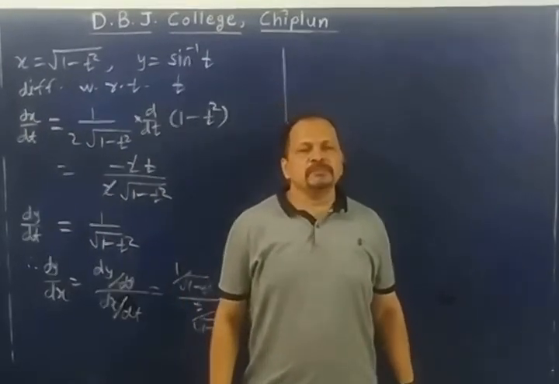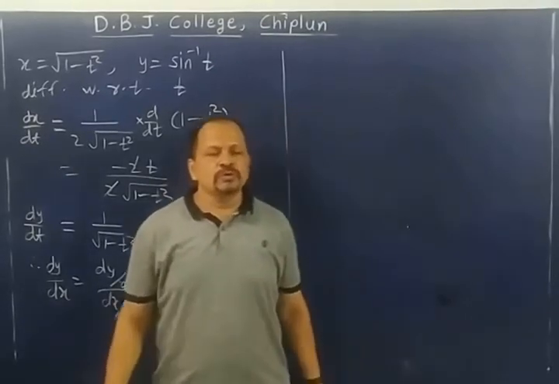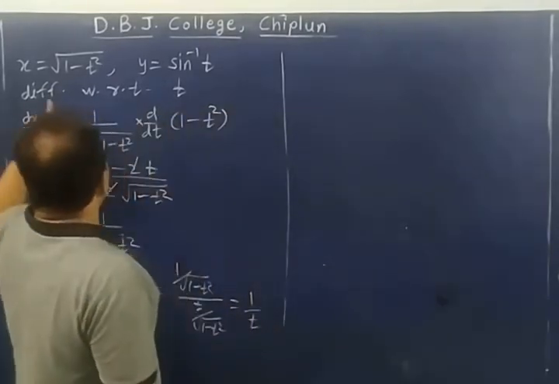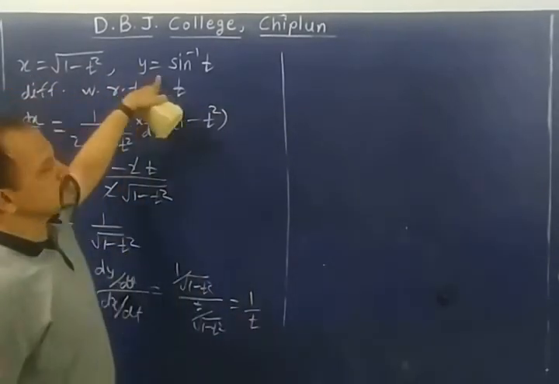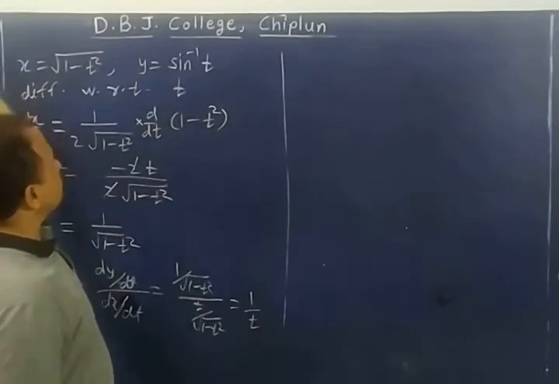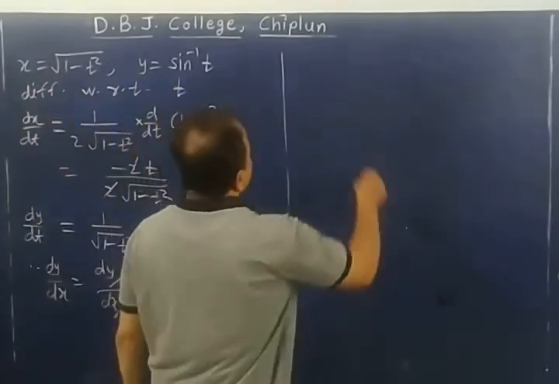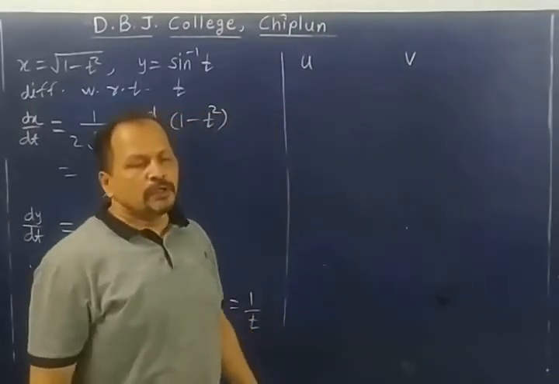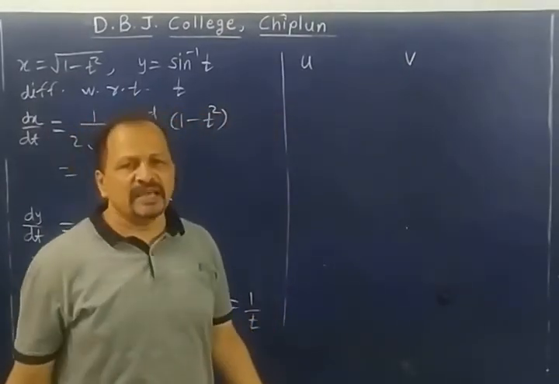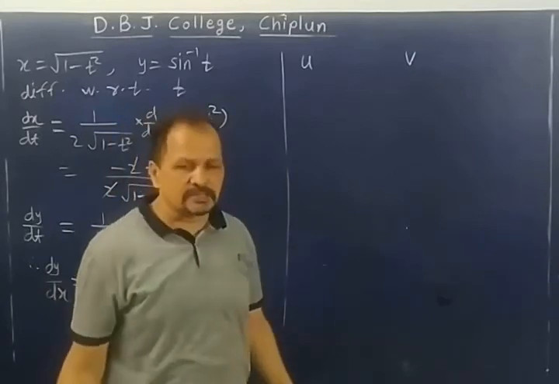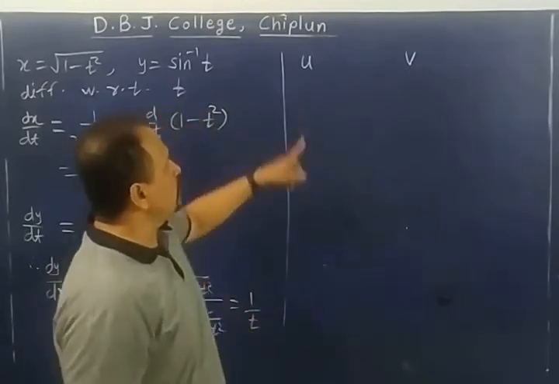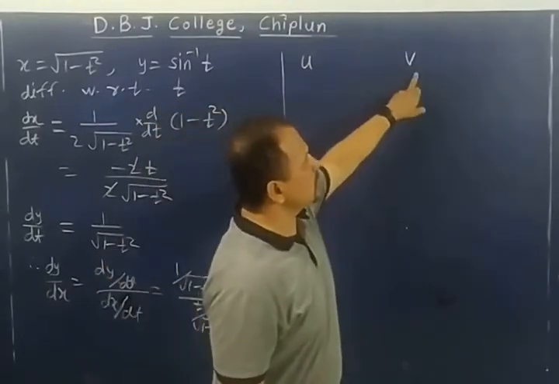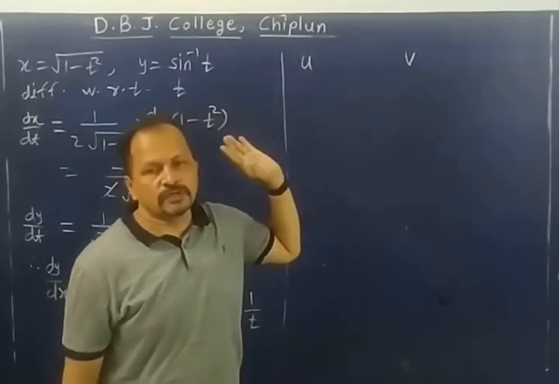In the next problem, I am going to show you some different notation. Here we have found out derivative of x with respect to y. Instead of that, we can think that u and v are the functions. u is a function of say x, v is a function of say x, then derivative of one function with respect to other function, or derivative of other function with respect to first function.